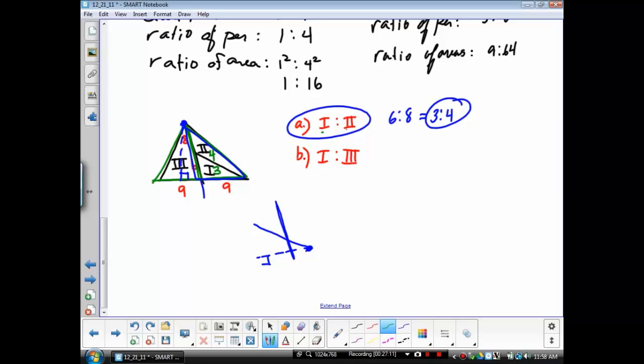These two triangles, 1 and 2, have a ratio of 3 to 4. So if triangle 1 has an area of 3, let's just suppose, and triangle 2 has area of 4, then the sum of them would be an area of 7, which means this one would also have an area of 7, because it's congruent. So then the ratio of triangle 1 to 3 is going to be a 3 to 7 ratio. Okay? Now, a few more kind of fun problems, and I'm going to stop recording here.